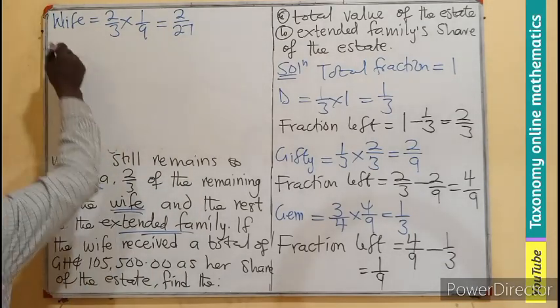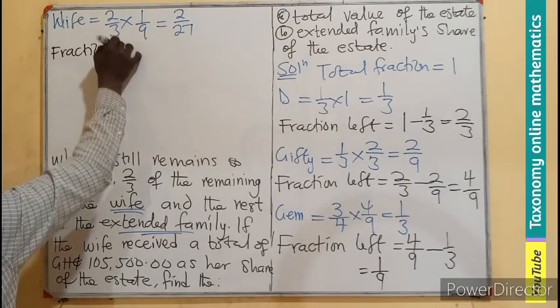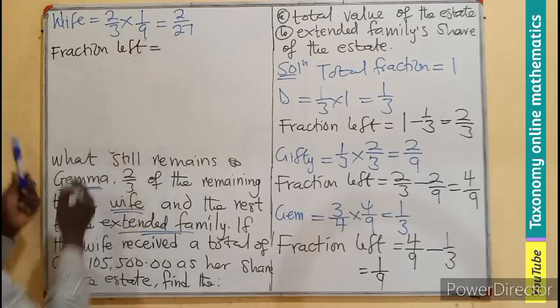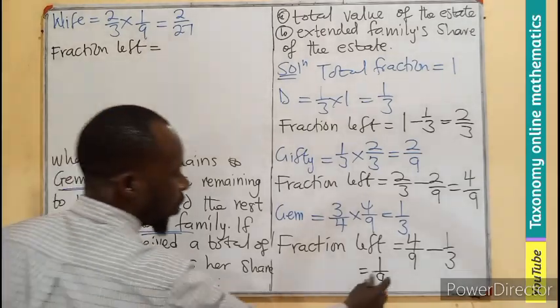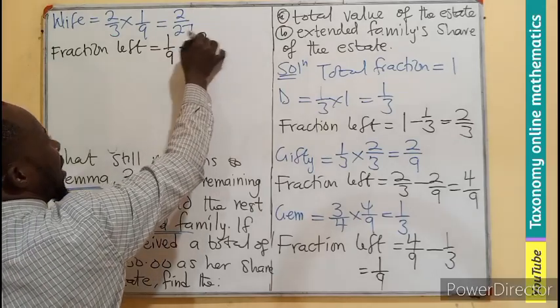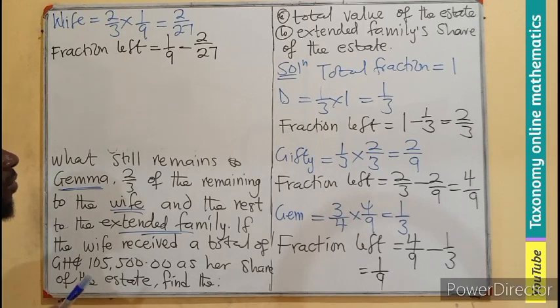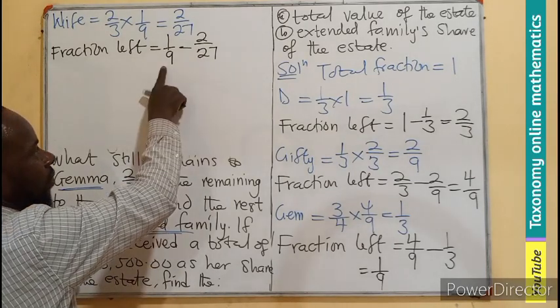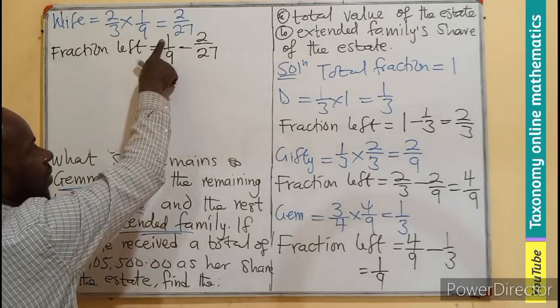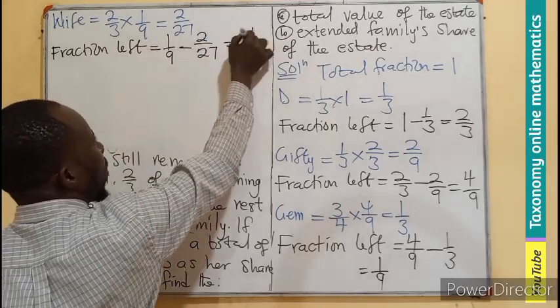Now let's see what is left after the wife has taken that amount. The fraction left is what was there, 1 out of 9, then the wife received 2 out of 27 from that. This is a multiple of this, so 3 times this, 3 minus 2 will be 1.